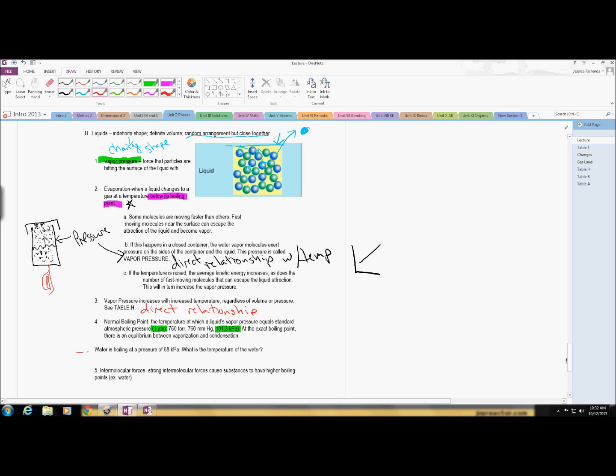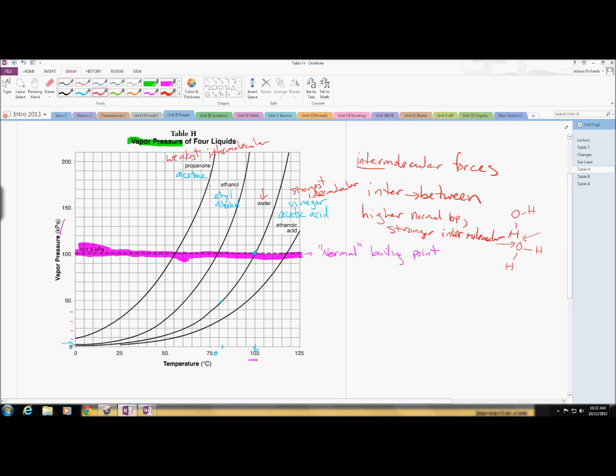You will sometimes see test questions that are going to ask you about the boiling points of water, and your first reaction is going to be 100, but if they're changing the pressure, so this question is talking about dropping the pressure to 68 kPa, you need table H. Anytime they're talking about vapor pressure, anytime they're talking about changing the pressure in the boiling point, you have to use this reference table.